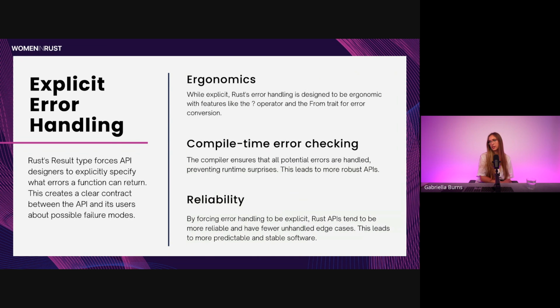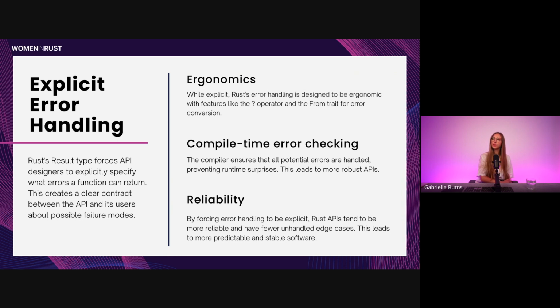While explicit, Rust's error handling is designed to be ergonomic with features like the question mark operator and the from trait for error conversion. Then there's the compile time error checking. The compiler ensures that all potential errors are handled, which prevents runtime surprises, and nobody likes a runtime surprise. So this leads to more robust APIs.